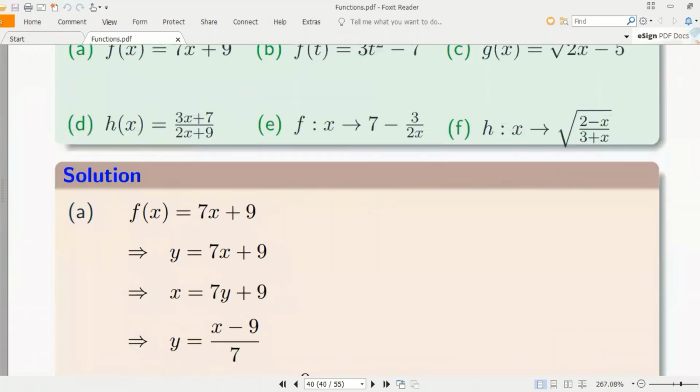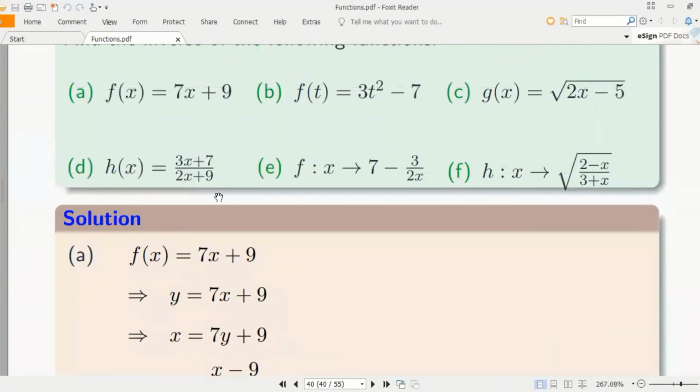So it's good for you to first of all determine if it's one-to-one. This function here is not one-to-one. Because if I put in the objects 2 and negative 2, two is not equal to negative 2.